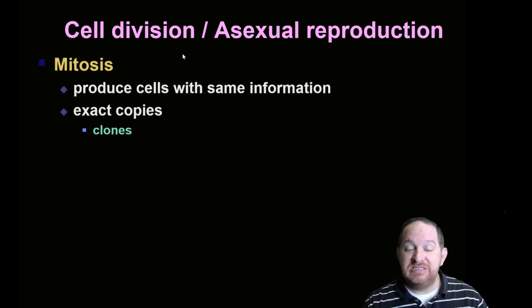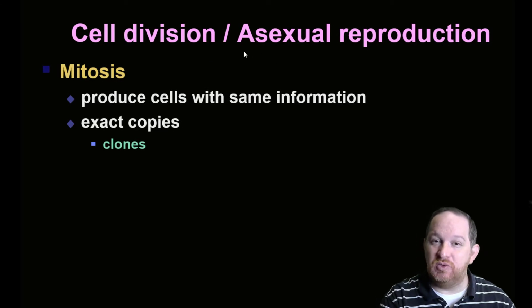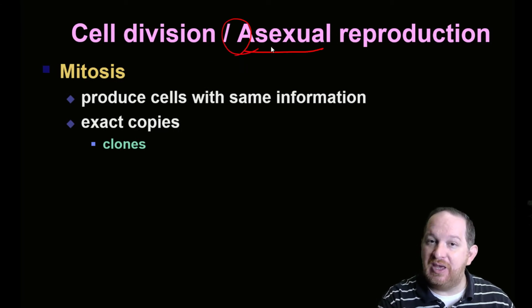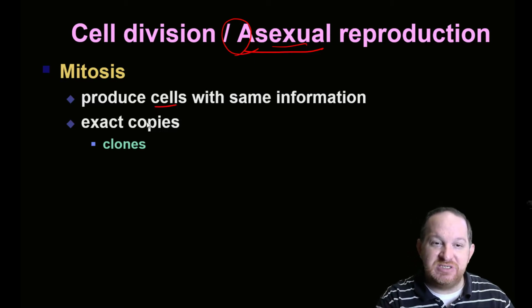So in terms of reproduction, life has a few different ways in which that can happen. Some organisms reproduce asexually, without sex. It's essentially sort of like mitosis, right? Where one cell produces another cell that's an exact copy, or a clone.